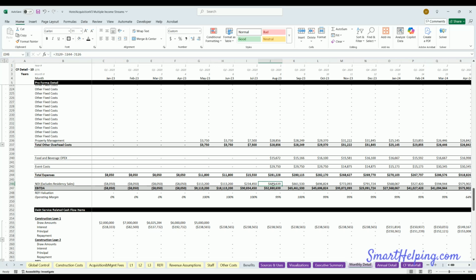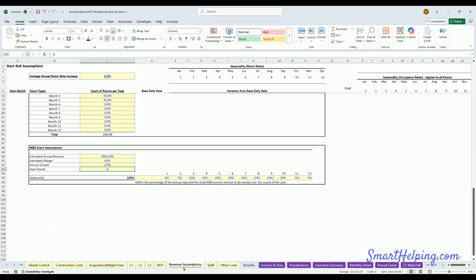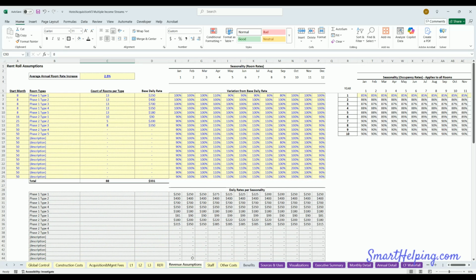Now, net operating income, we are not including residency sales, but we are including everything else, so essentially the hotel operations. But we are showing total EBITDA in as residency sales because we have to show that income somewhere. In this case, we're showing it here, and in the cash because it has to go to cash flow. All right, so that's revenue.